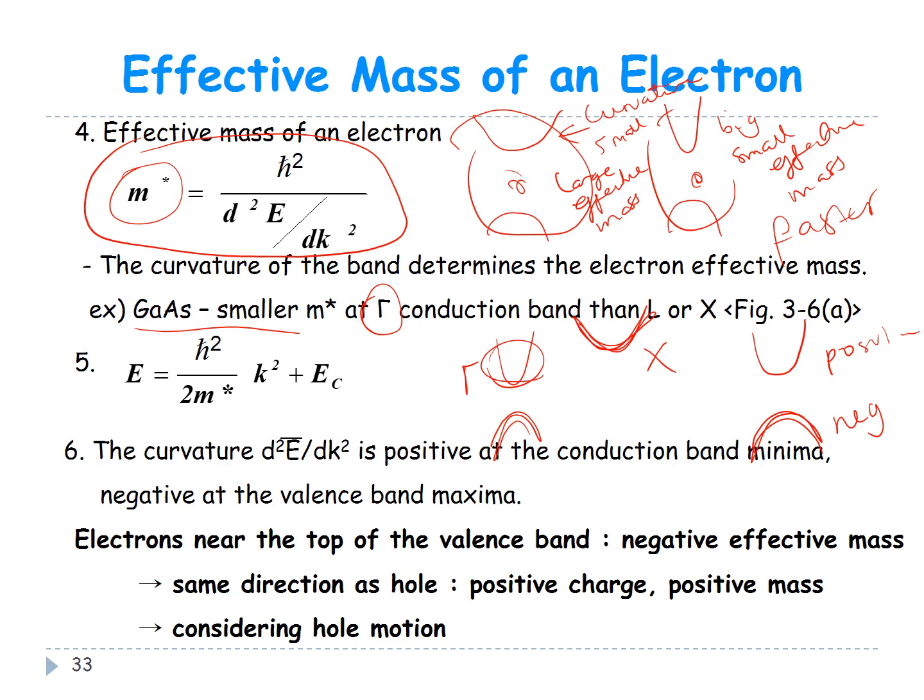A particle with a negative mass and negative charge will move in the same direction as a particle with positive mass and a positive charge. So we can account for the movement of electrons in the valence band with a hole. Okay.